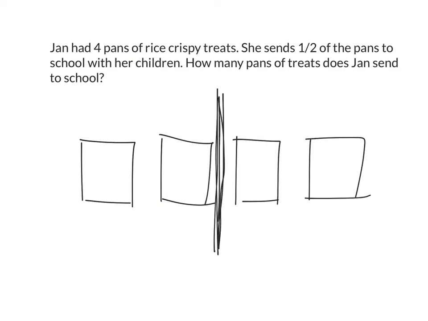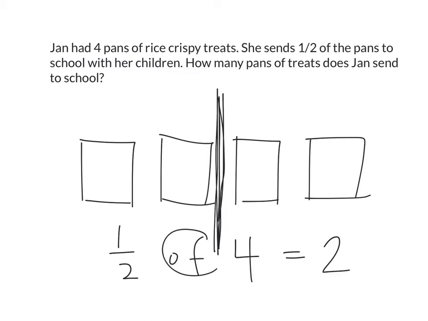So in this case, half of 4 is 2. Remember, of course, that the word "of" in math means multiplication. So another way we could say this is that 1/2 times 4 is 2.